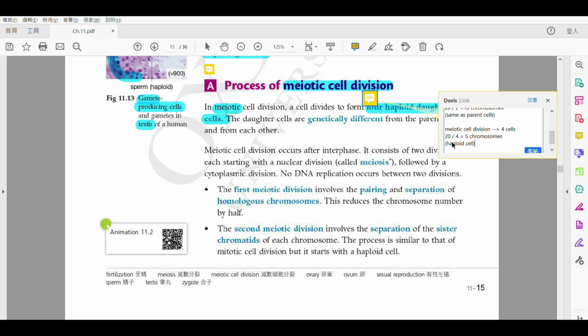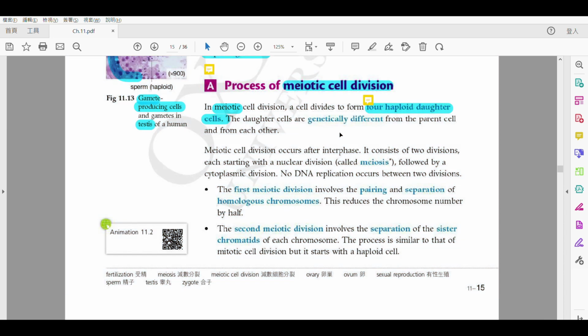But remember, when we talk about the definition of haploid or diploid, always remember it is about the number of sets of chromosomes. Okay? We always talk about the set, not the number. Alright?